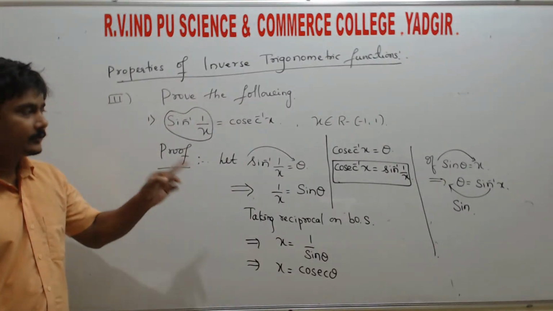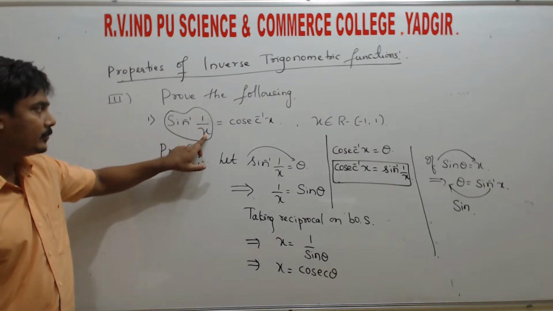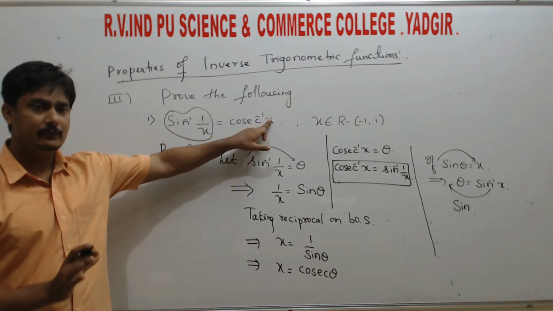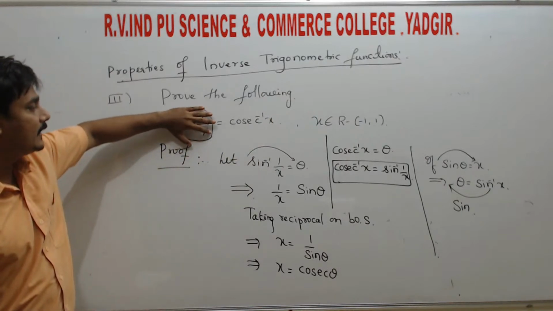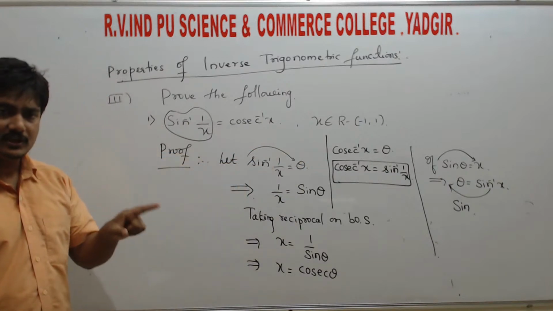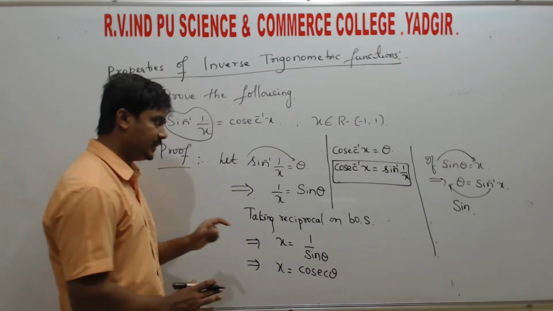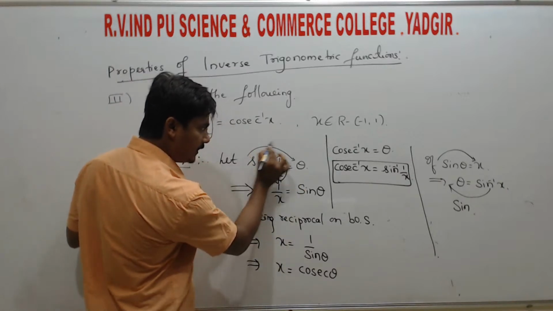Is that clear? Observe each and every step. To prove sine inverse of 1 by x equal to cosecant inverse x, what have we done? We have taken the sine inverse 1 by x as theta. According to the definition of the inverse sine function, this 1 by x will be equal to what?